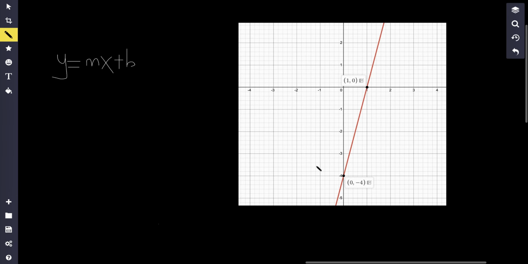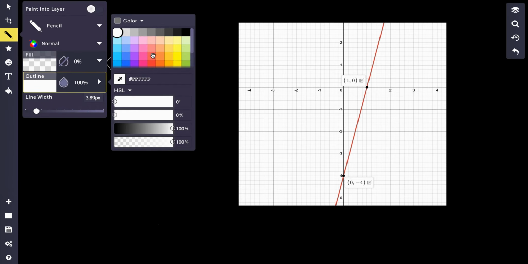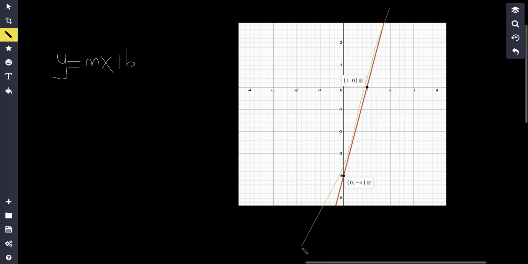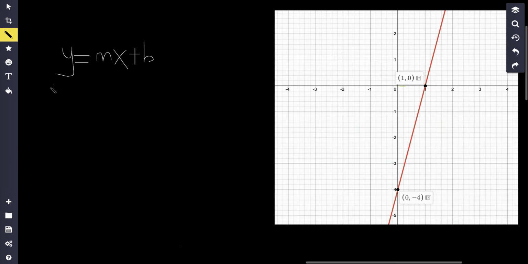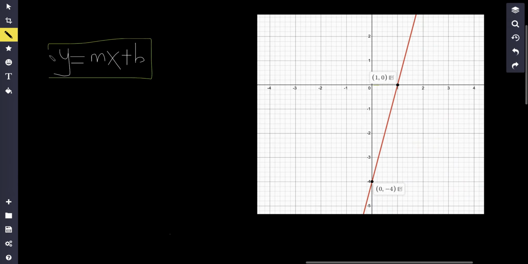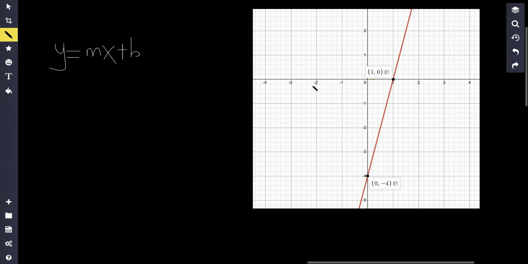Let's say we're given a graph of a line, whatever this graph is right over here, and we want to find the equation of the line in the form y is equal to mx plus b. In order to do this, what is our slope? Remember, the slope of the line is how steep it is, right?